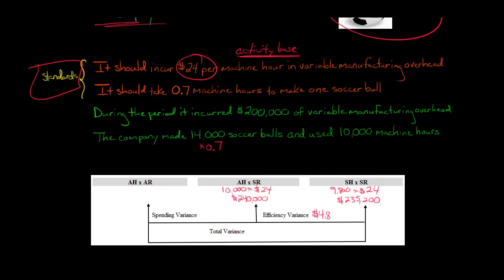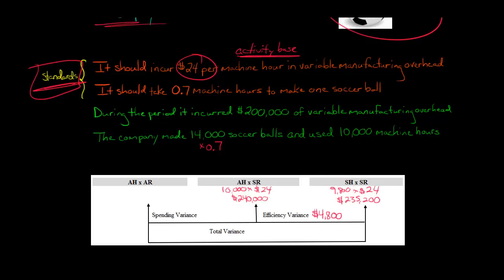So our efficiency variance is $4,800. Now the question is, is it favorable or unfavorable? Well, let's think about it. Per our standards, it should have taken us 9,800 hours to make 14,000 soccer balls. But in fact it took us 10,000 machine hours.